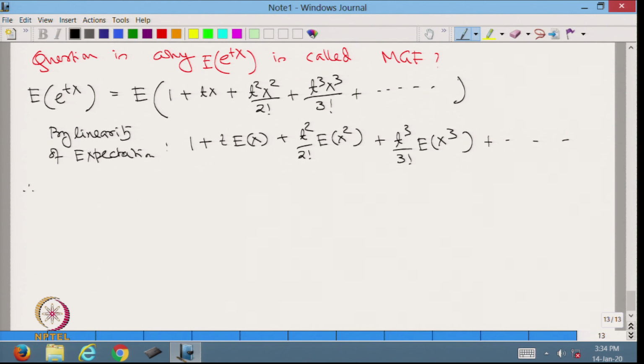Therefore, this is the moment generating function in general.